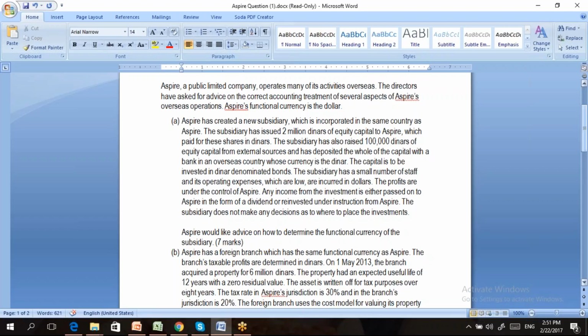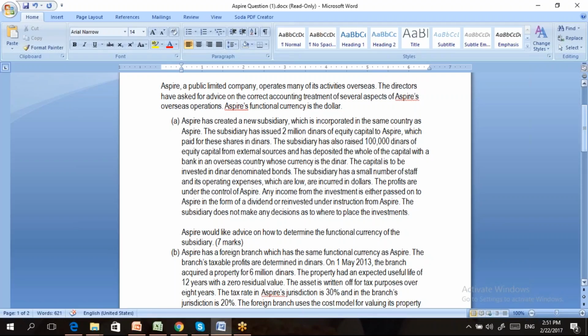Then we have certain secondary indicators which give additional evidence of the entity's functional currency: the autonomy of a foreign operation from the reporting entity, the level of transactions between the two, whether the foreign operation generates sufficient cash flows to meet its cash needs, and whether its cash flows directly affect those of the reporting entity. So these are the three primary indicators, then four secondary indicators. Whenever the functional currency is not obvious, as in our case, management should use judgment to decide, faithfully representing the economic effects of the underlying transactions, events and conditions.